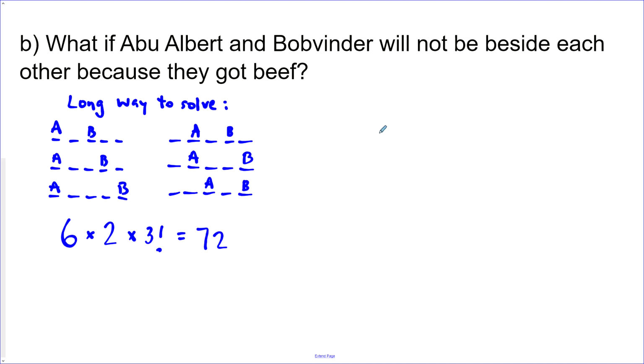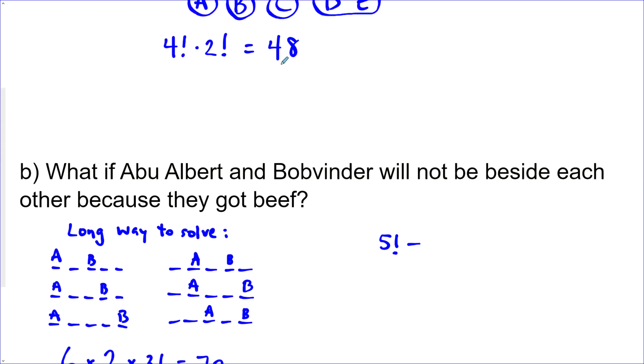Let's look at everybody together. How many ways to rearrange all 5 people? That would be just 5 factorial. What if we subtracted off the ways that these guys would be next to each other? That's actually the answer from part A. There's 48 ways for 2 people to always be next to each other in a lineup of 5.